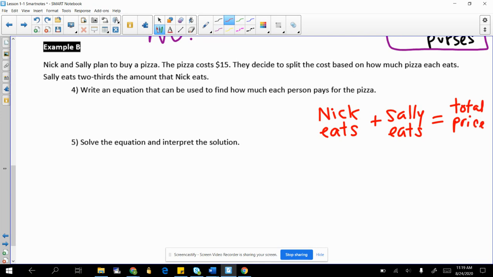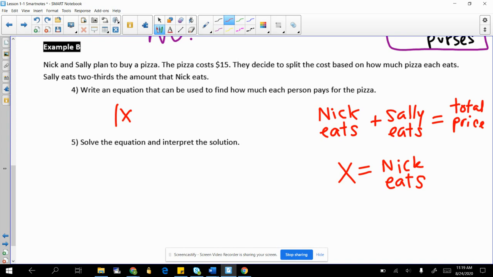Okay, cool. All right, so let's think about what that would mean. So we're going to say that the variable X, again, that's the variable we're using, is going to be what Nick eats. So let's just say Nick eats however much, 1X.